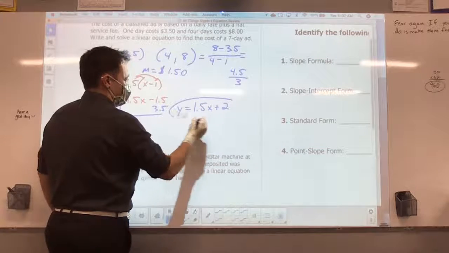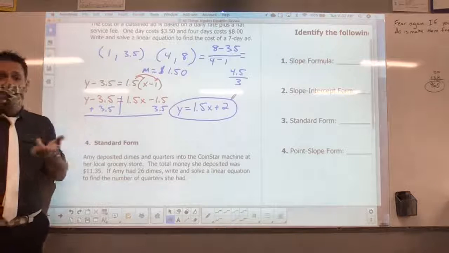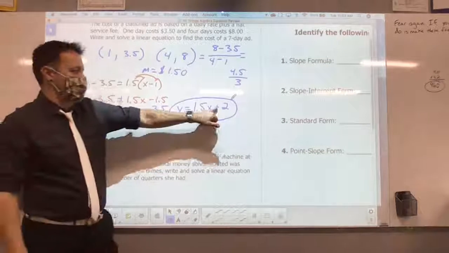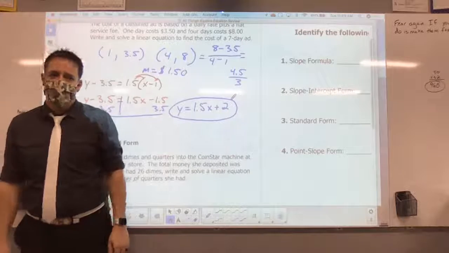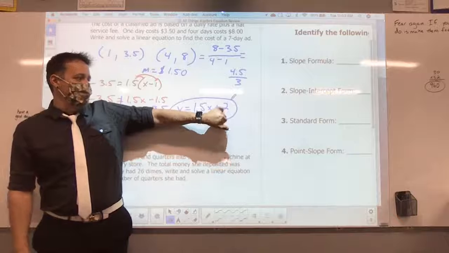So let me ask you this, hypothetically or realistically speaking, with this one and the other one that you have on your paper about the satellite dish: if you were to come up with a negative number right here, would that be realistic? No, because what would that negative number be saying?